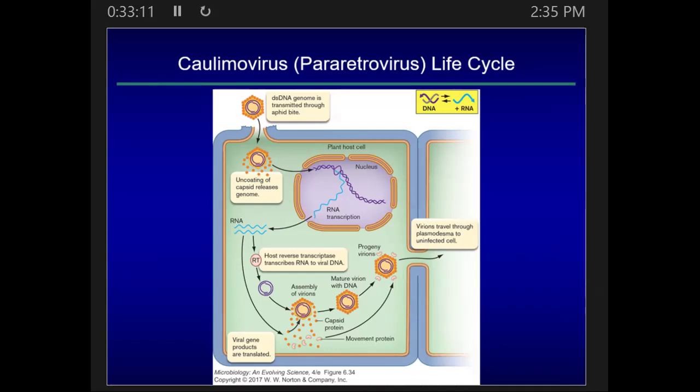And they're showing replication, assembly, and then the release step is really going through the plasmodesmata to the next cell. So kind of a different beast, a different method when you get into the plant world.